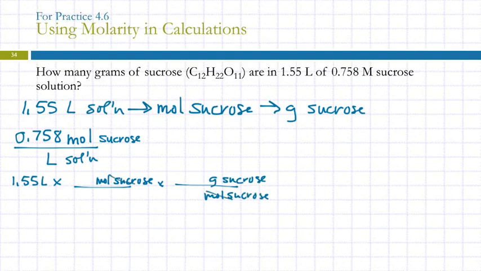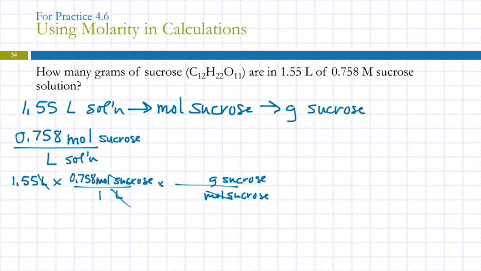So those cancel, and I've got liters down here. So this is moles of sucrose per liter. Well, that happens to be the molarity right side up. The units tell me that. So 0.758 goes with moles, and that's per 1 liter.